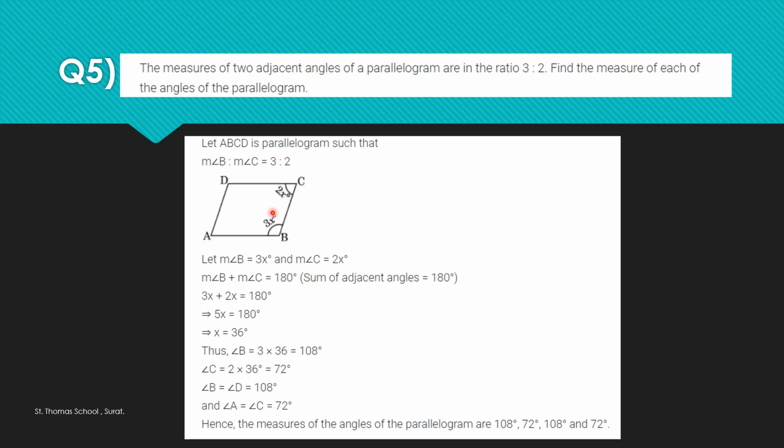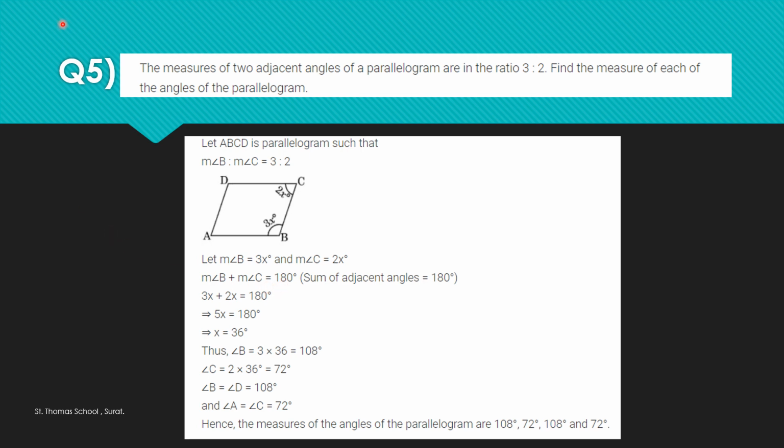Let us take angle B and angle C. They are adjacent angles and the ratio is given as 3:2. Whenever a ratio is given, we know that the measure of angle B is 3x and the measure of angle C is 2x. Clear? And the sum of the measures of adjacent angles is supplementary, that means 180 degree. That is, measure of angle B plus measure of angle C is equal to 180 degree.